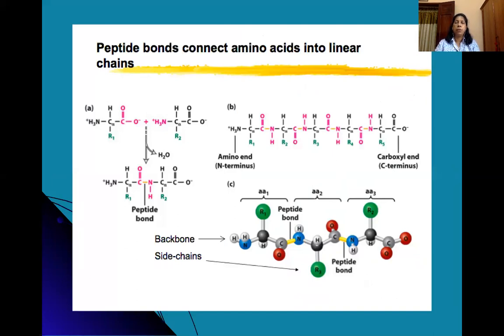So it produces a linear chain with a backbone and also side chains, because all amino acids have R groups, R1, R2, R3. Therefore it's not in one plane. It's not a simple linear chain, because the R groups have different sizes.